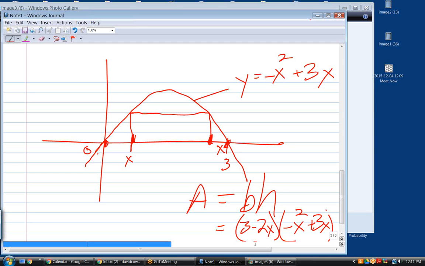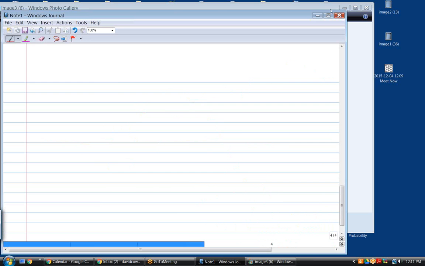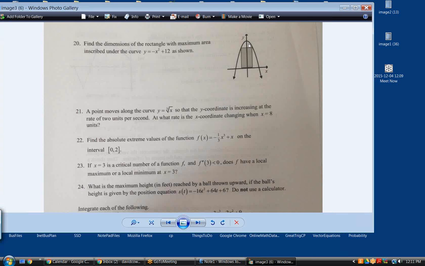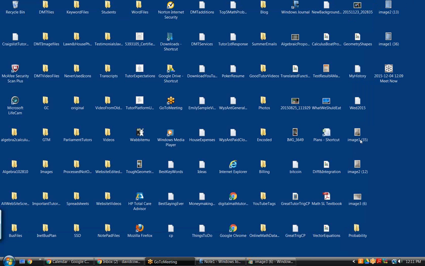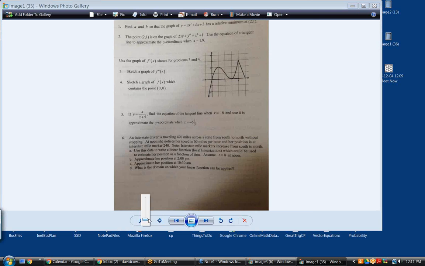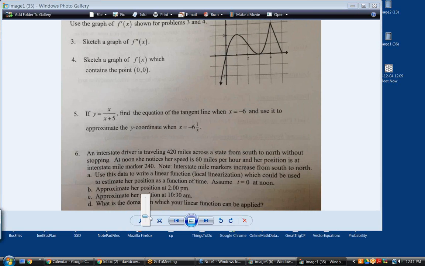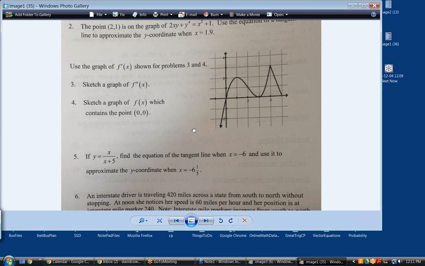All right, let's focus on your problems. Now, this may not be the page you want to start on. Let's see. Did we finish this page? Yes. I think I was going to ask you about number 6 too.